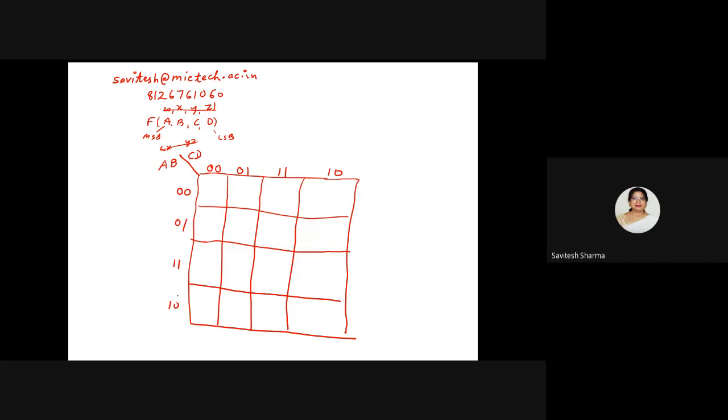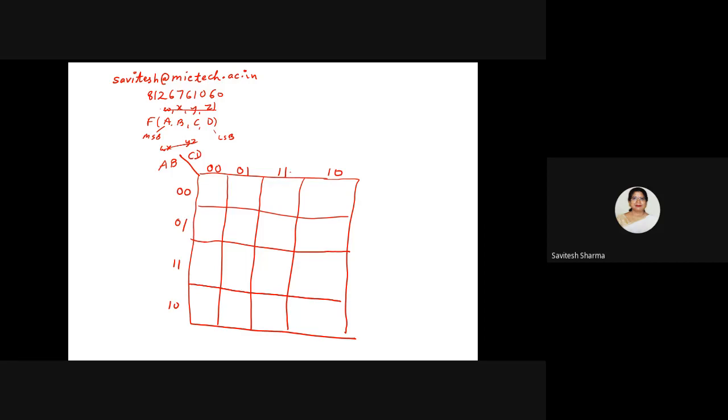No. If you are going to an adjacent cell, you should have only one bit change. Moving from this cell to this cell, one bit is changing. So you need a one bit change in an adjacent cell. That's why I am writing this sequence. This sequence is called the gray code sequence.